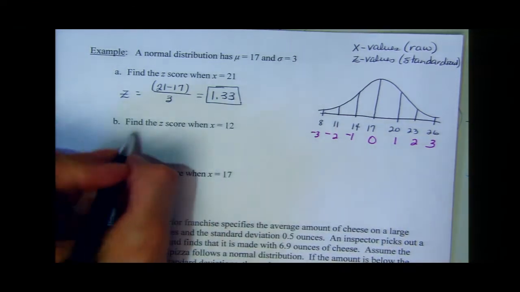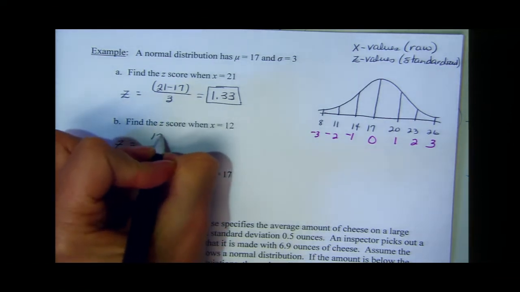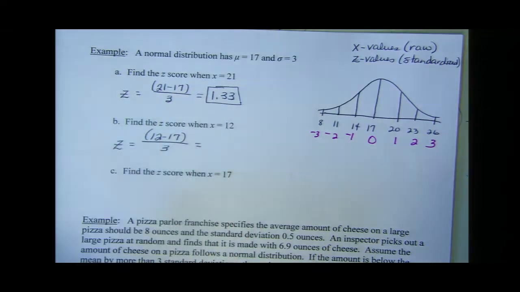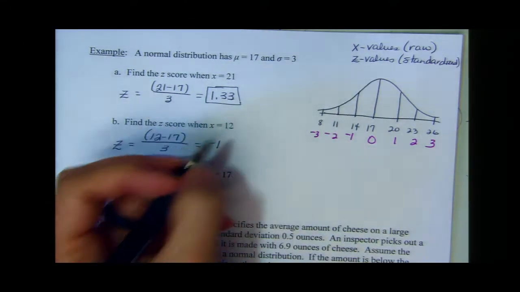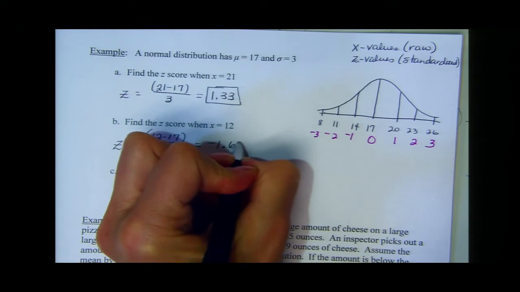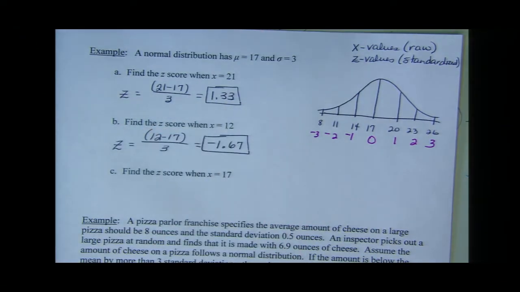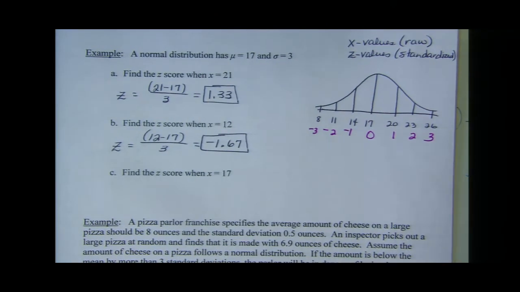So I should get a value between -1 and -2. So we would have 12 minus 17 divided by 3. And I get -1.666666, so I'm going to round to 2 decimal places. Normal rounding rules, so -1.67. So that makes sense in relationship to my drawing.